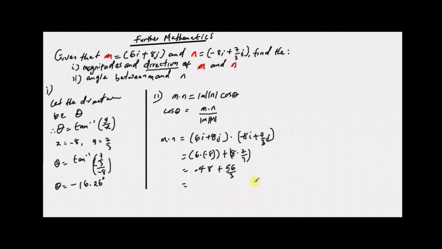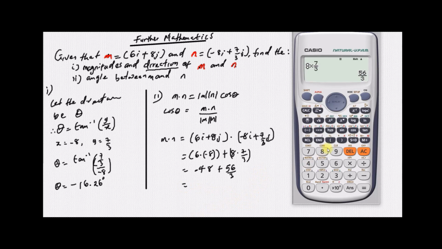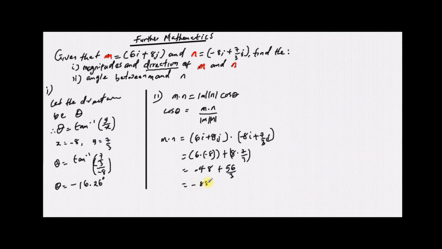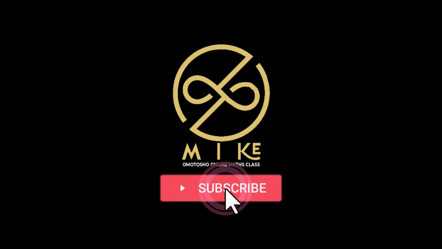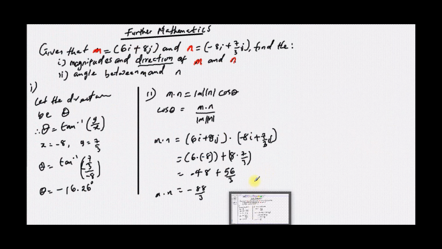So adding the two values, we have minus 88/3. So m dot n equals minus 88/3.